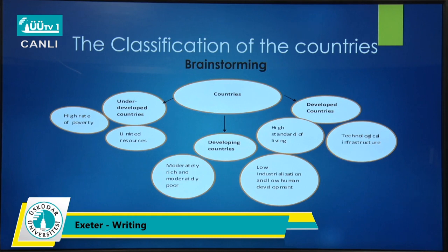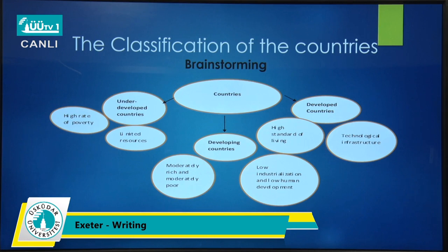And we have details as well: high rate of poverty, limited resources, rich and poor people, industry, high standard of living, technological infrastructure, and others. So we have three groups here, it's better to say.